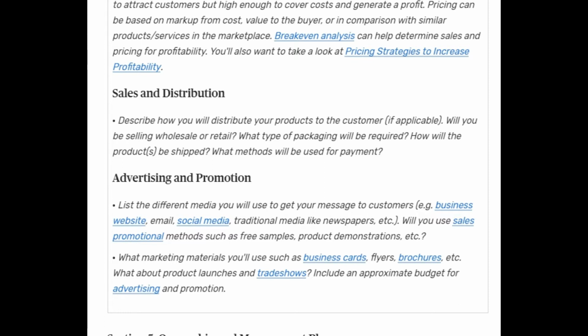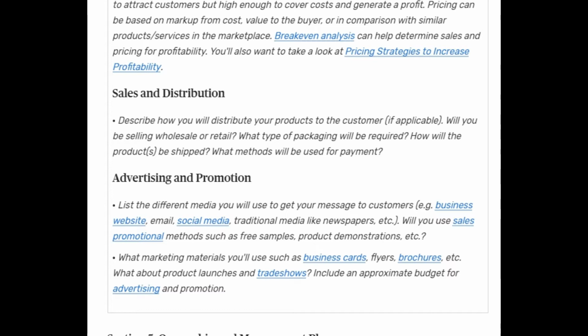So you must have a solid sales and distribution so that the product can be reached in time, the customer is happy, and there's no hassle in increasing the overall revenue for your company.